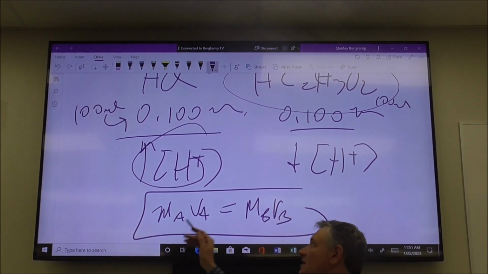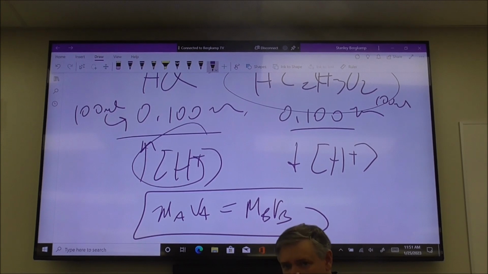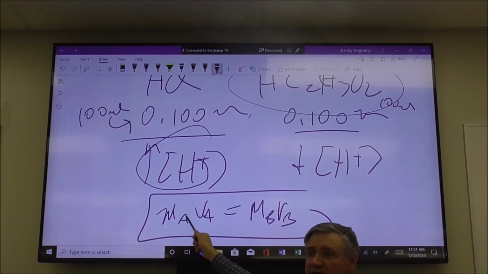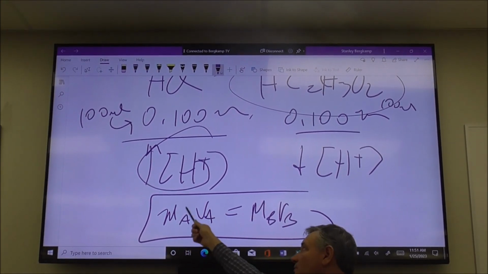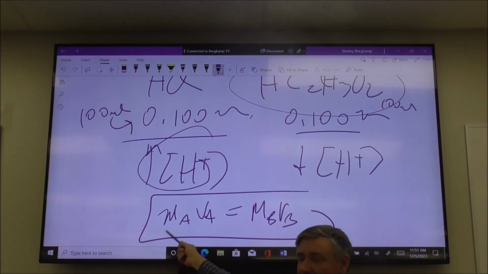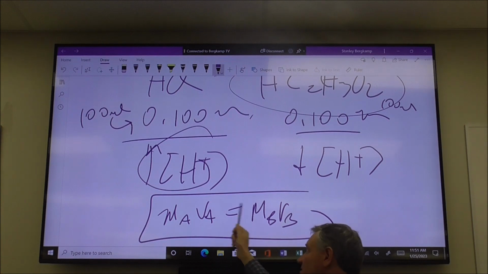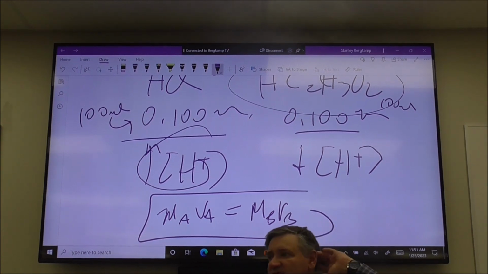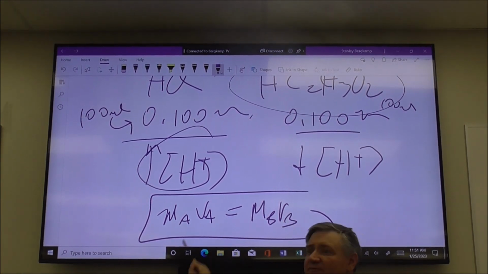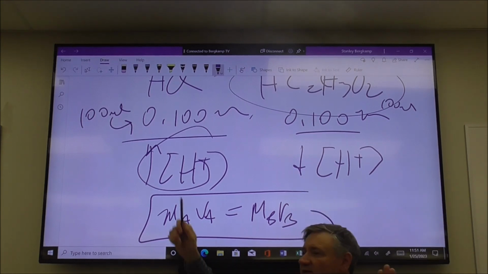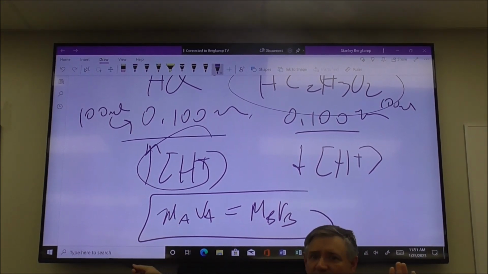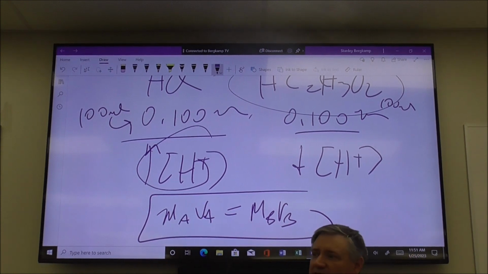This means that when you neutralize an acid, when you take the molarity times the volume, the moles of my acid is equal to the moles of the base. Notice that I don't have 2 versions of this equation. I don't have a version of this for weak acids and a different version for strong acids. Okay? Doesn't make any difference.